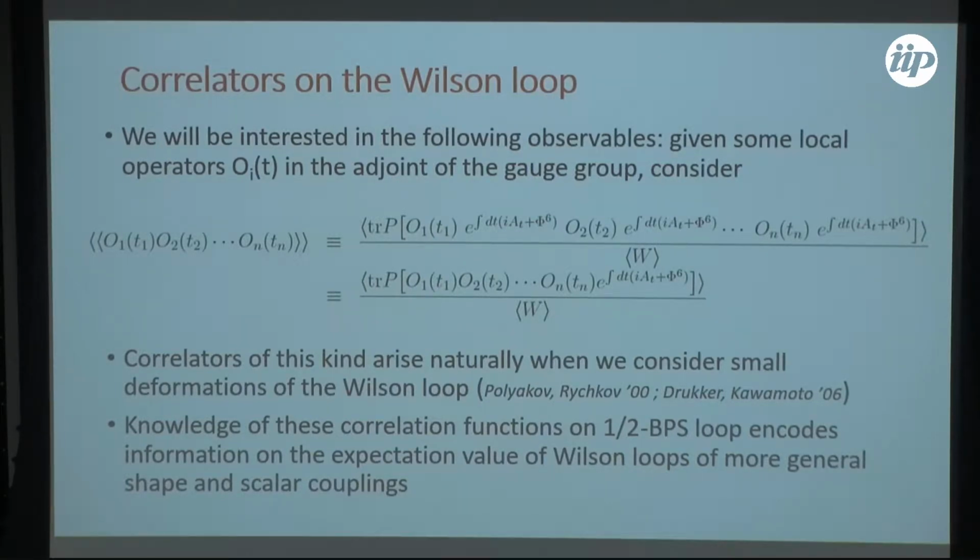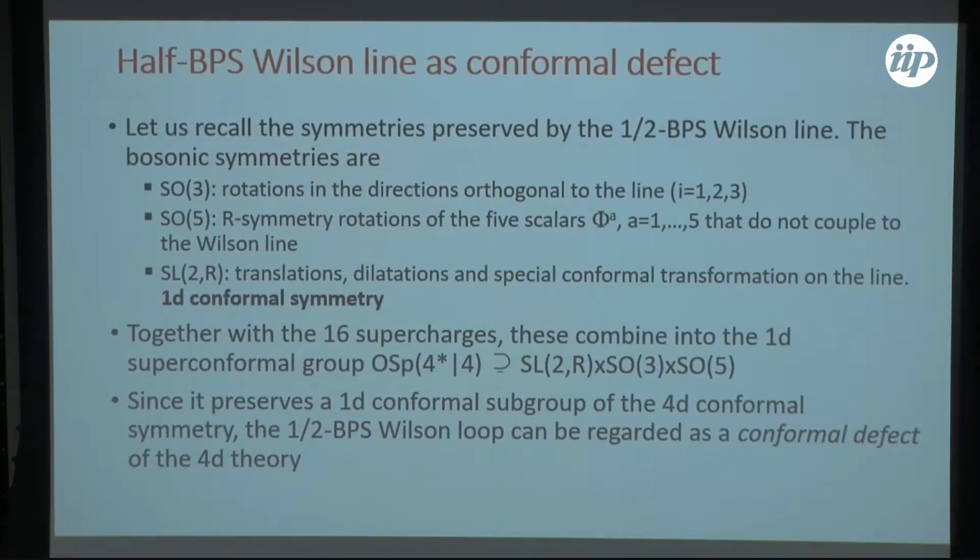The idea, at least in principle, is that if one knows all these correlation functions on the half BPS Wilson loop, one can reconstruct the expectation value of a more general Wilson loop of general shape and general scalar coupling, because all these correlation functions are related to deformations of the circular or straight Wilson loop.